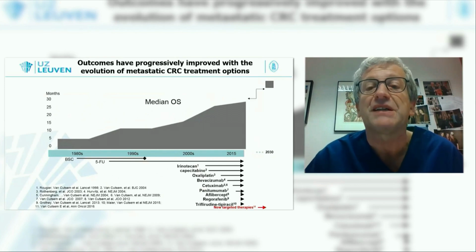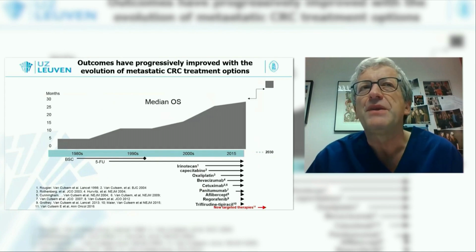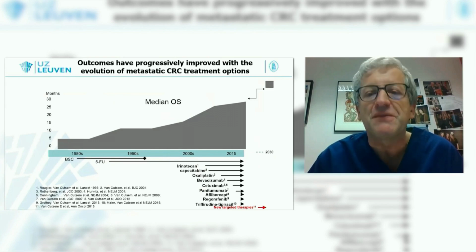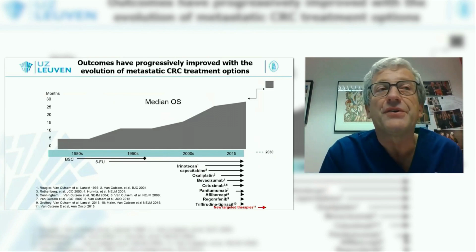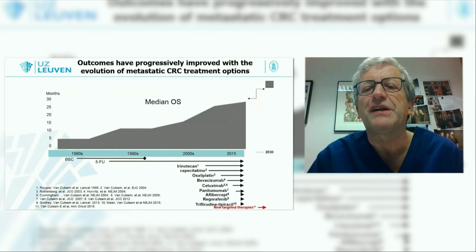Indeed, in patients with metastatic disease, with an improved selection of patients and an adequate personalized use of the different agents, we are further improving the outcome, not only in early disease, but also here, as in this example with these different agents and in-depth molecular analysis in patients with metastatic disease.